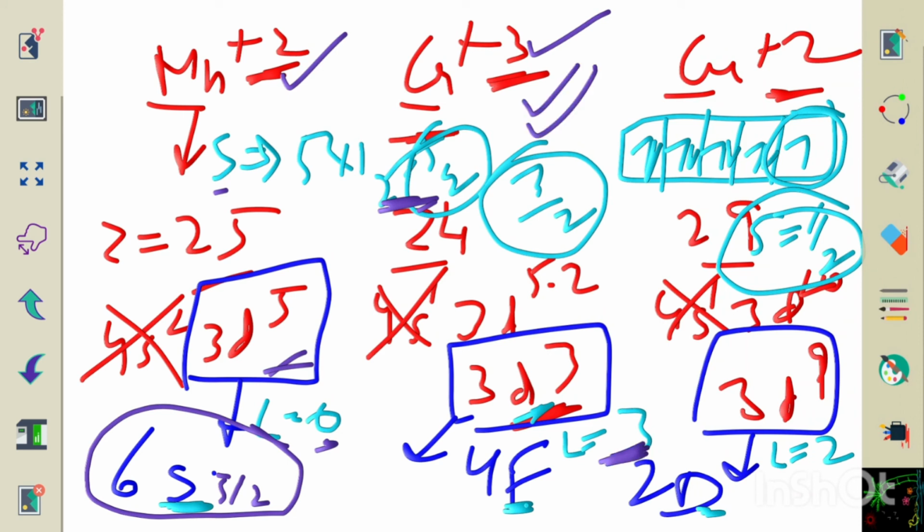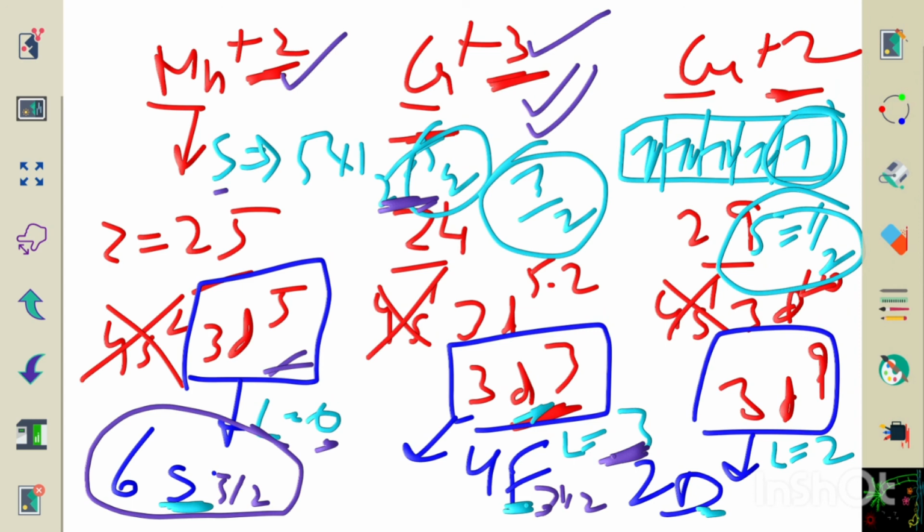For chromium plus 3, because it is less than half filled, the J value will be L minus S. L is 3 and S is 3 by 2, so 3 minus 3 by 2 is 6 minus 3 by 2, that is 3 by 2 only. So its term symbol will be 4F 3 by 2. Next, come to copper plus 2.